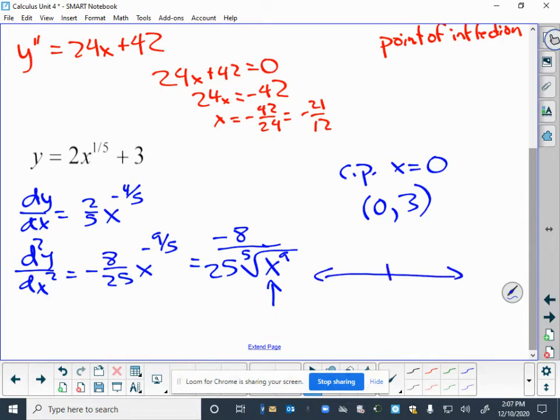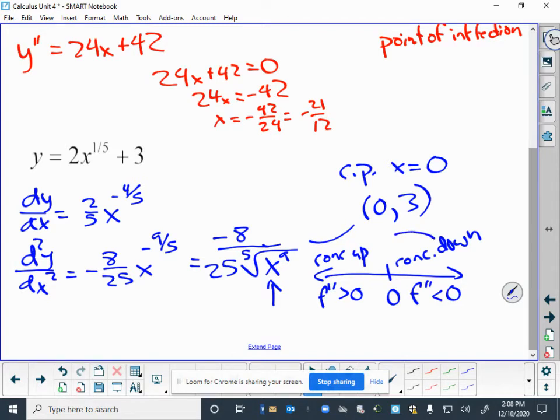So if I thought about my axis here, the second derivative over here is positive, which means this function is concave up to the left of 0. And if I put a positive number in, the denominator comes up positive, and the negative in the top means my second derivative is going to be less than 0 here, and that is going to be concave down at that point. Again, shaped like this here and shaped like this over here.